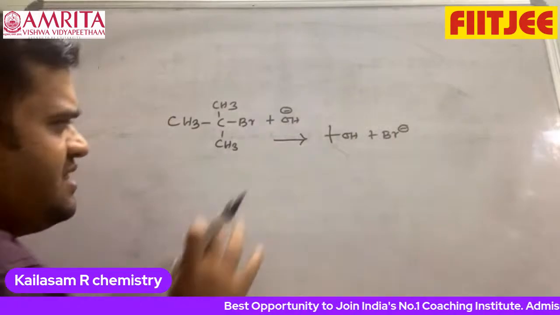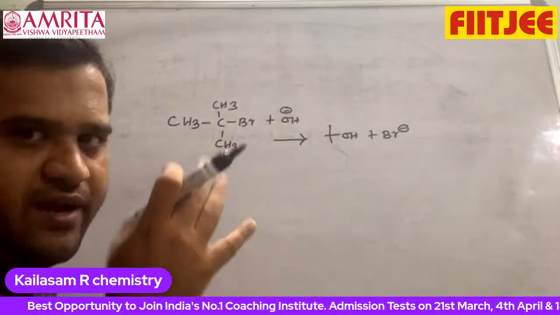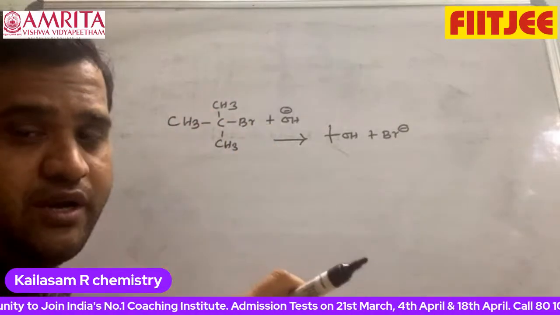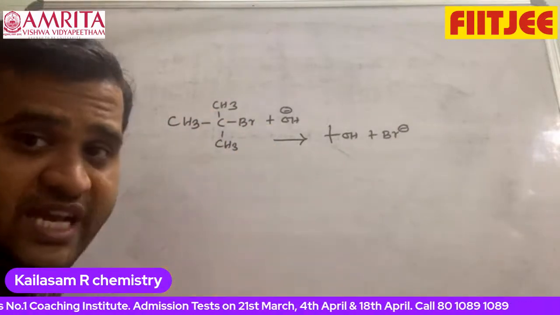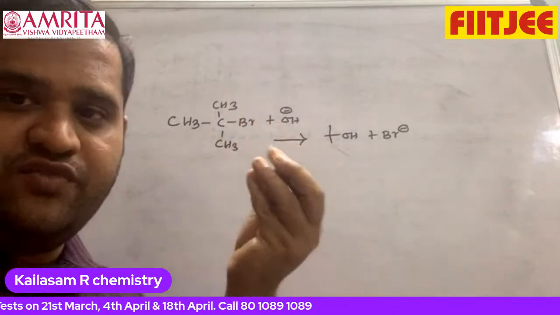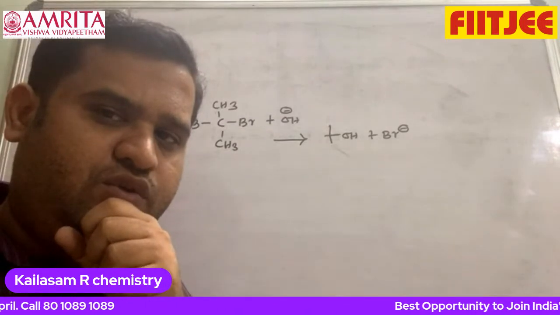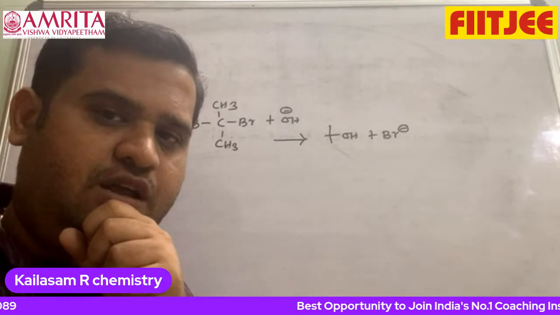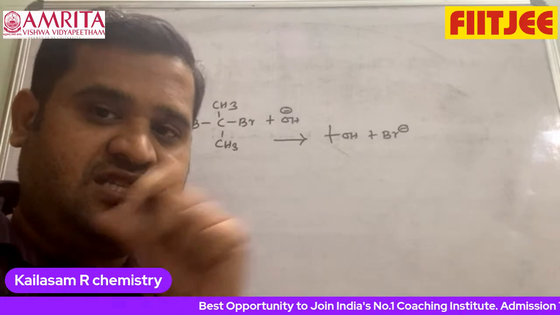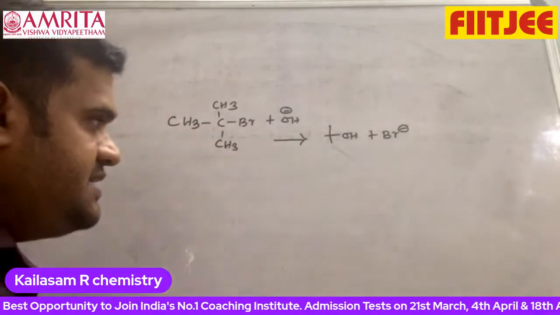So we will think that here also the rate of reaction depends on substrate as well as nucleophile. What they want to find out here, they do experimentally. When they increase the concentration of OH minus ion, the rate of reaction does not change. Then they find out why, when I increase the concentration of OH minus ion, the rate of reaction does not change. Then they go on to find out using the mechanism of the reaction. What mechanism? Look at this.